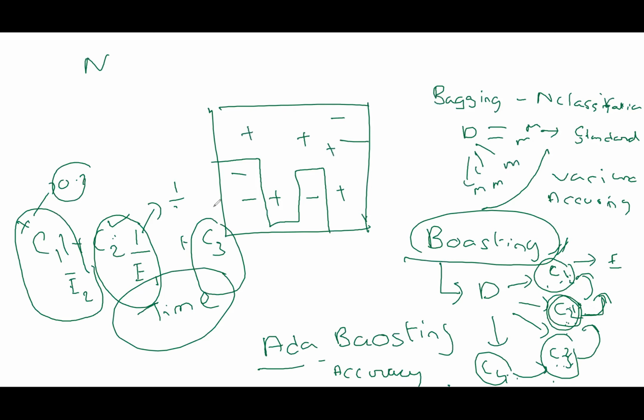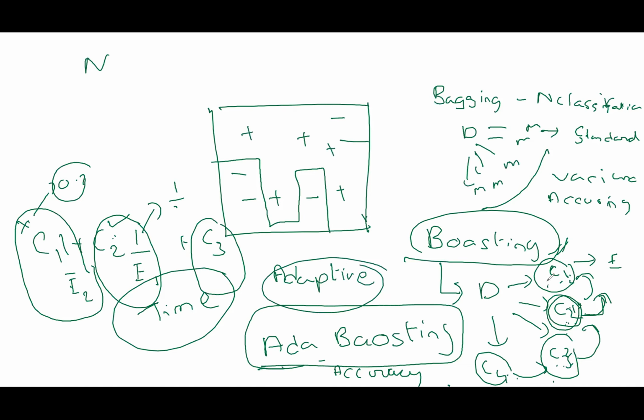You use boosting or bagging. This particular algorithm is called AdaBoost, which stands for adaptive boosting. Why is it called adaptive? It's because it's adapting to the previous classifier. When the first classifier has misclassified some things, we add weight to those, and then we improve on it in the second classifier and so on.